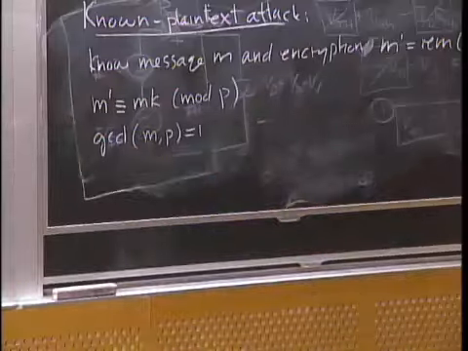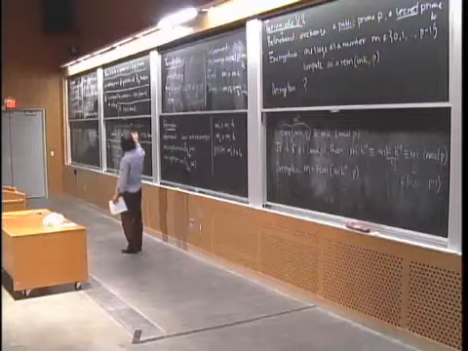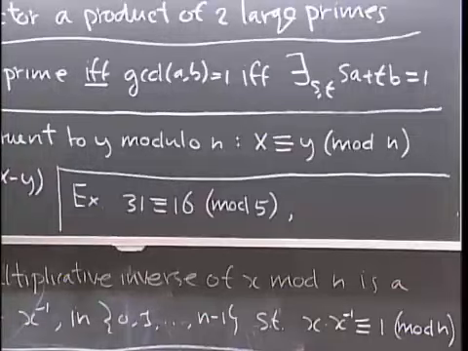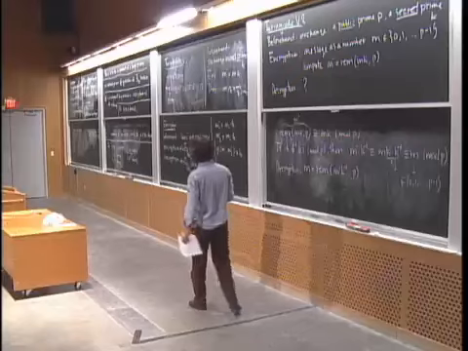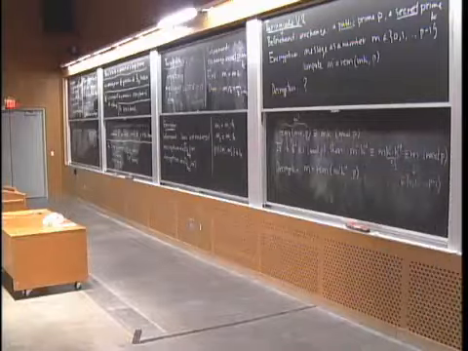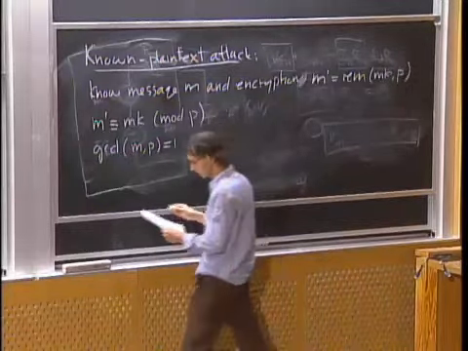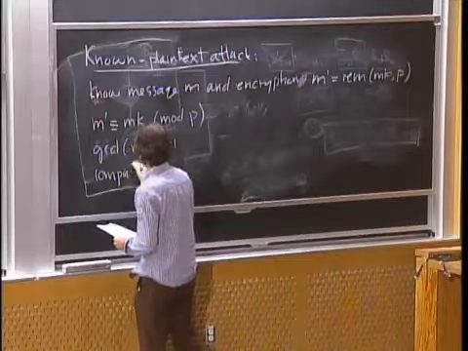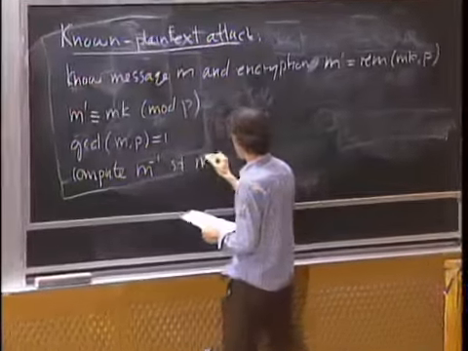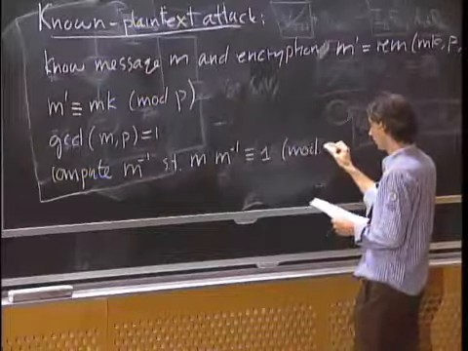Then we know that there exists a linear combination of M and P that is equal to 1. In this way, we can compute the multiplicative inverse of M, such that M times M inverse is congruent to 1 modulo P.